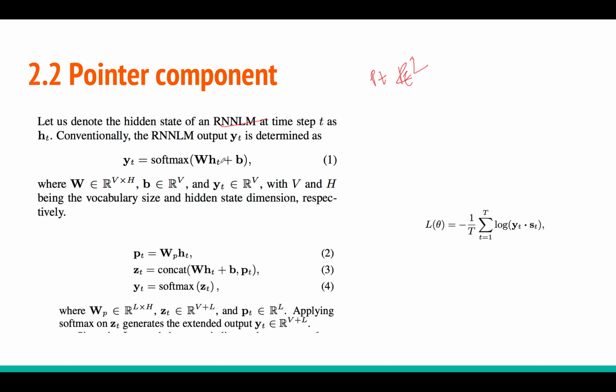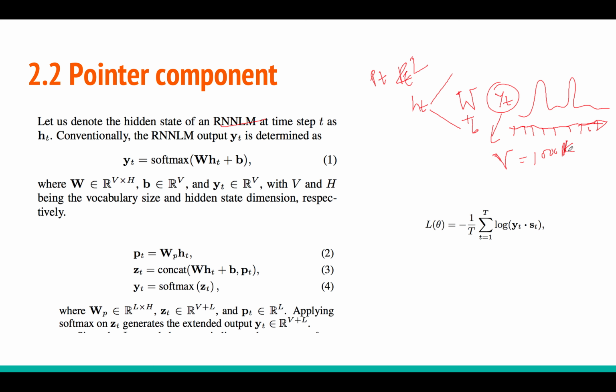You get HT at time step T, which is the hidden state activity at time step T. What you are going to do is project this using a W matrix with some bias to get YT, which is basically the probability distribution of all the possible words in the vocabulary, right? This YT will be of dimension capital V, and this V could be 100,000. If your vocabulary size is 100,000, you choose the one which is highly likely, and that's as simple as that.